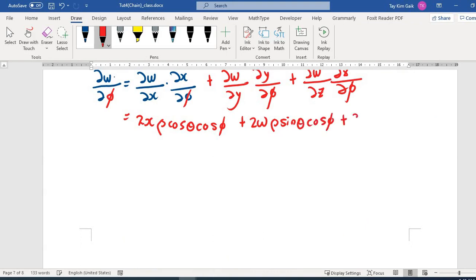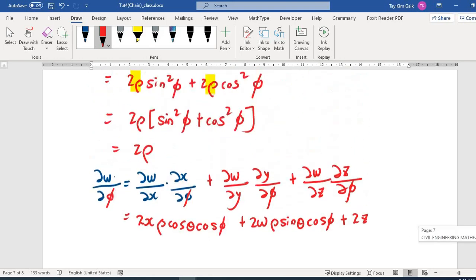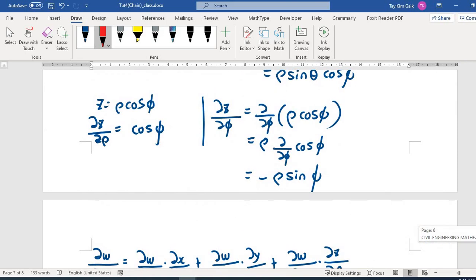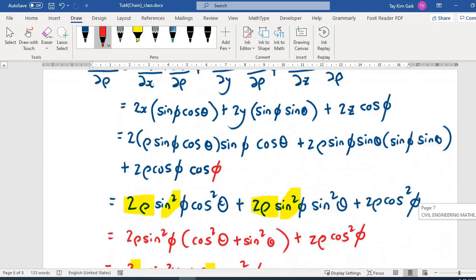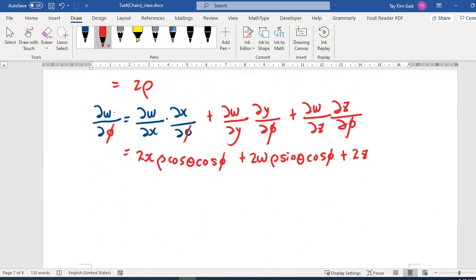Del W del z is 2z, and del z del phi is negative rho sin phi.